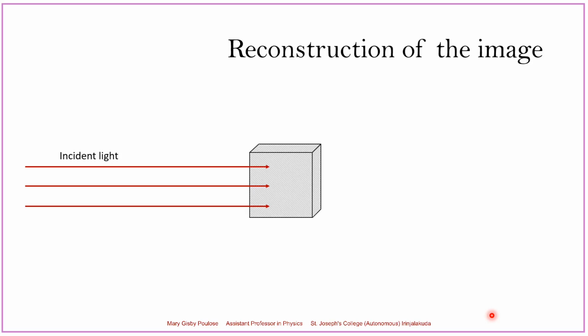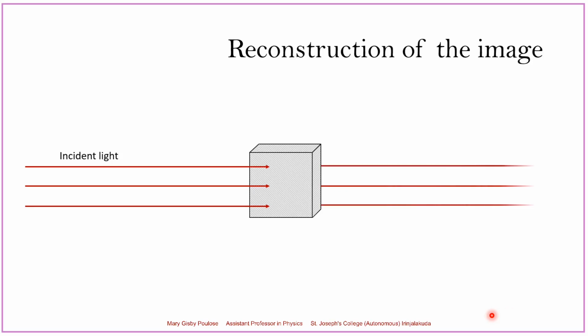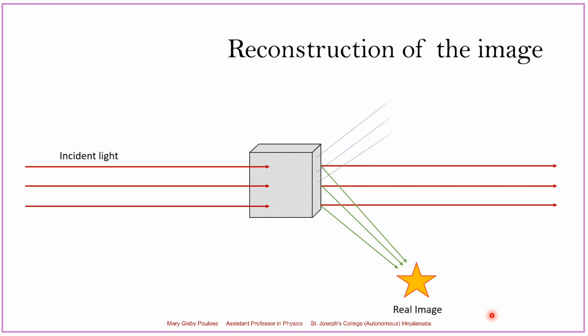Now, when this light is passed through it, this hologram acts like a grating. So it will bend light in both directions. Most of the light will pass through, and we get one of the diffracted beams on this side where you can see the real image of the object, and on the other side you get another diffracted beam.